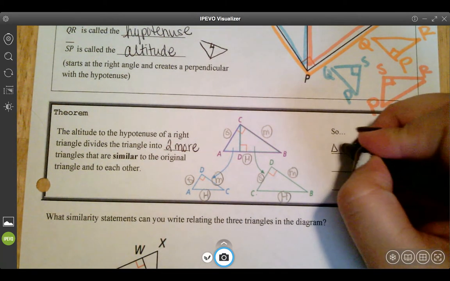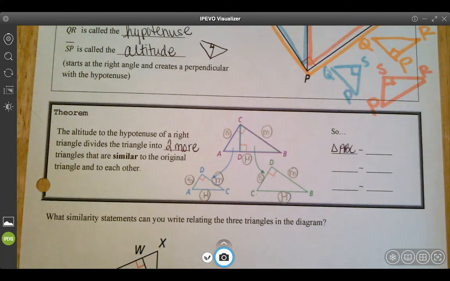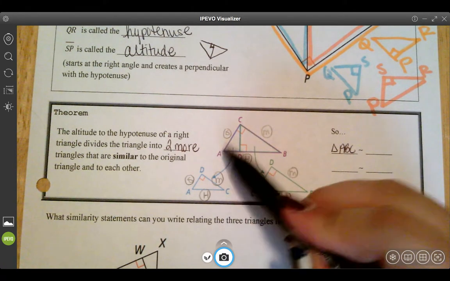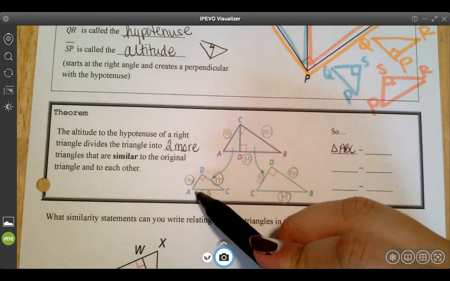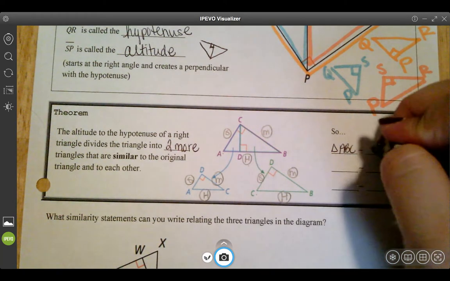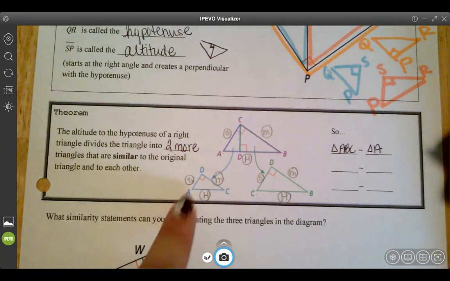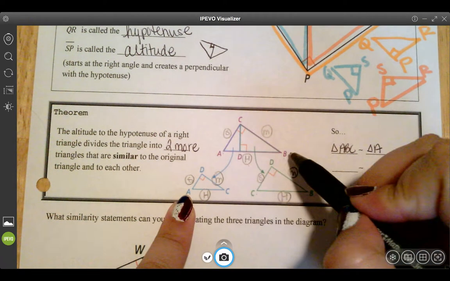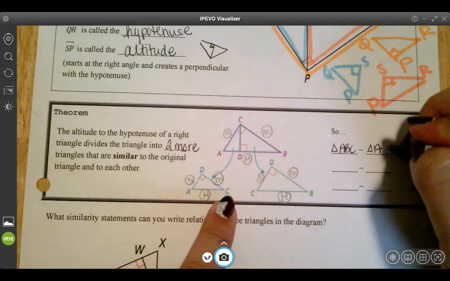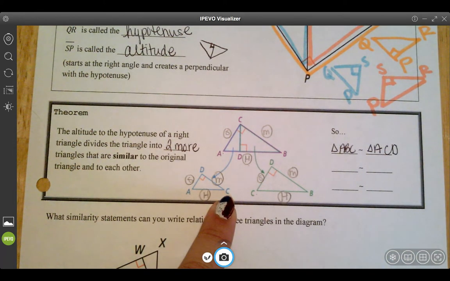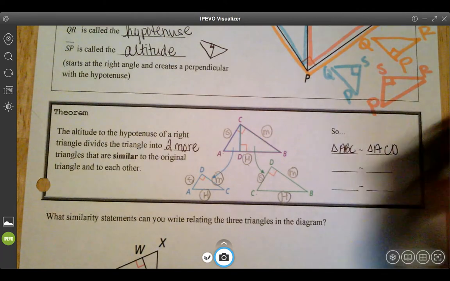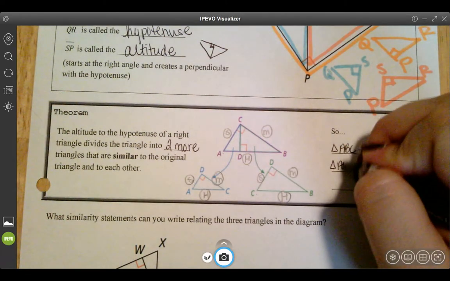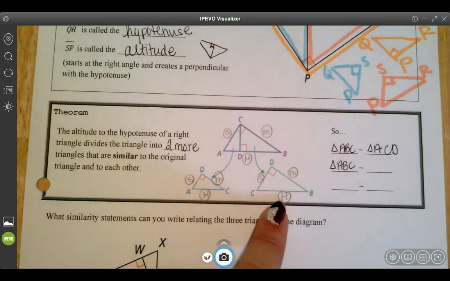So if we start with triangle ABC, that's the purple triangle. A is between small and hypotenuse, so I start between small and hypotenuse, which in our small triangle here is still A. B goes along the hypotenuse, so I'm following along the hypotenuse: A, C, D. Just like when we're naming our similar or congruent triangles, the order is very important. Then we can also compare triangle ABC to the green one here.